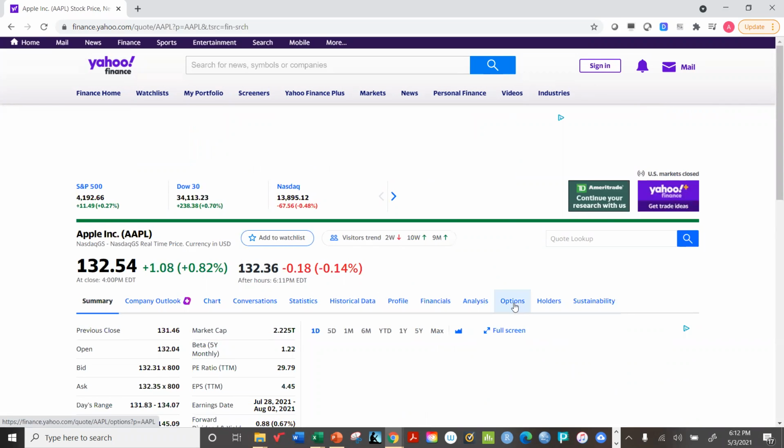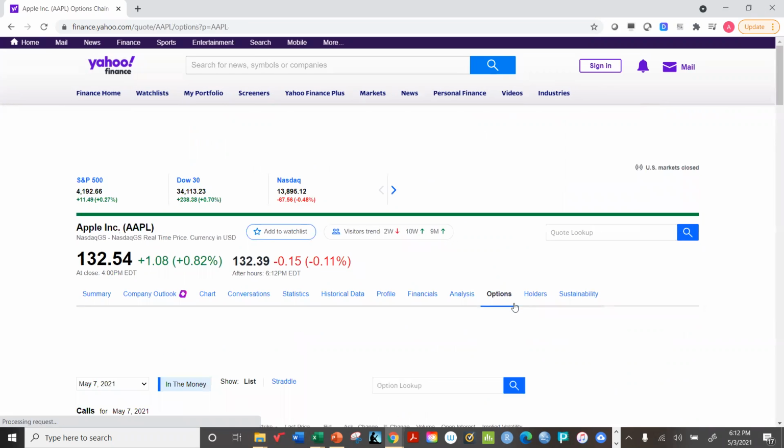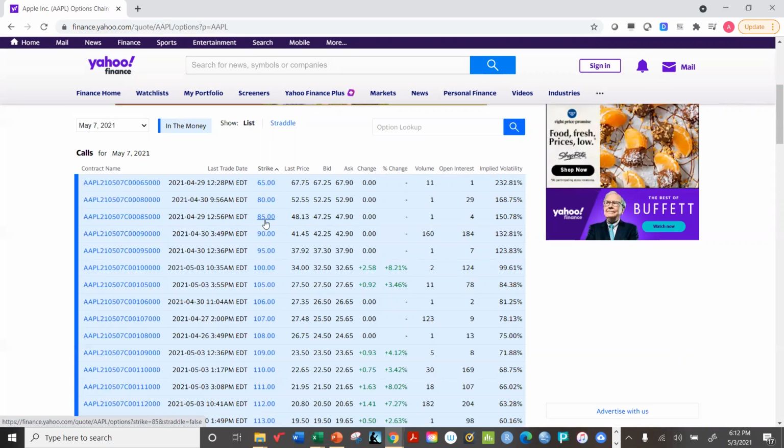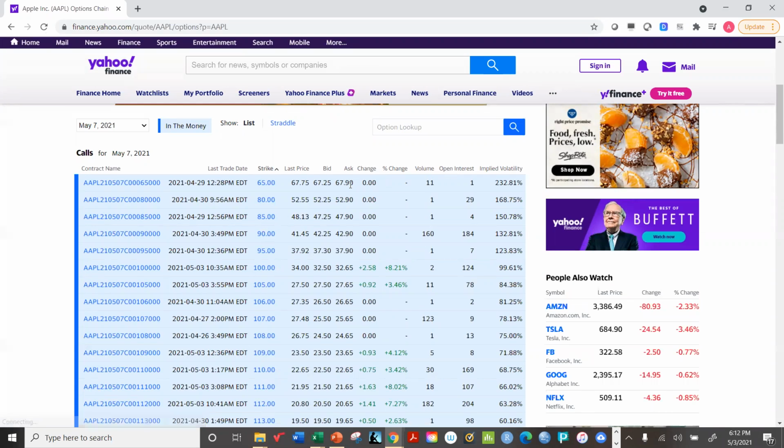And down here, you'll notice they have option prices. So we'll look at the top where the calls are. And if you look carefully at these prices, here are the strikes. As they go up, the prices, let's look at the higher one is the one that you will pay as the investor.